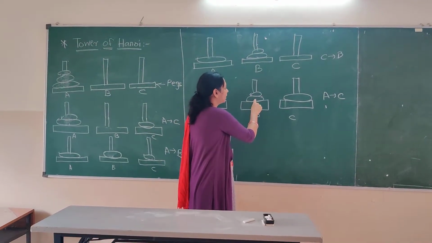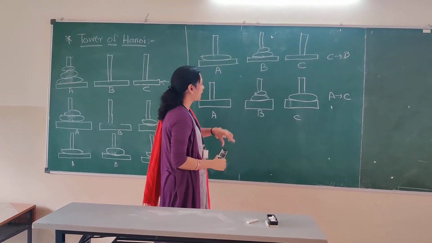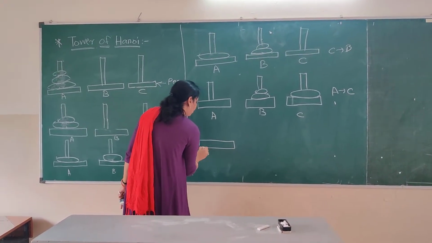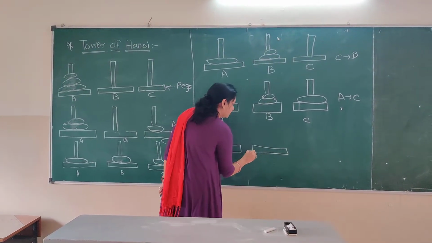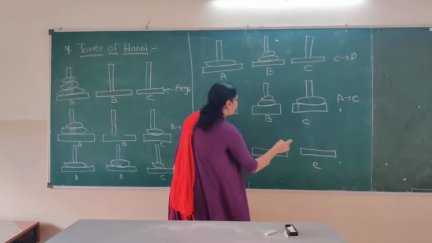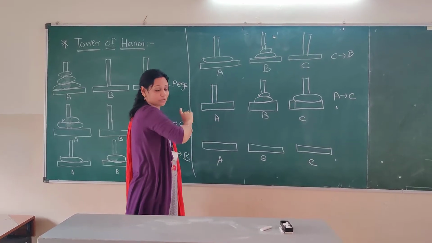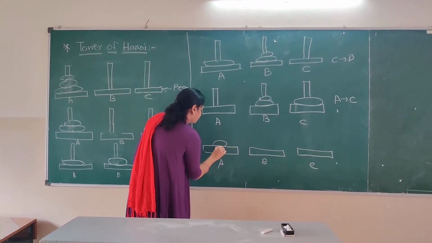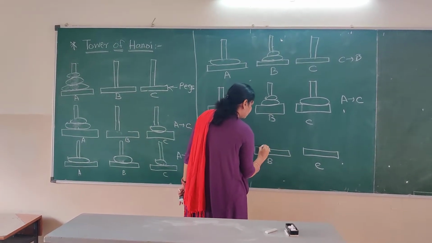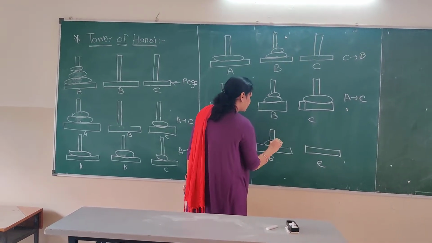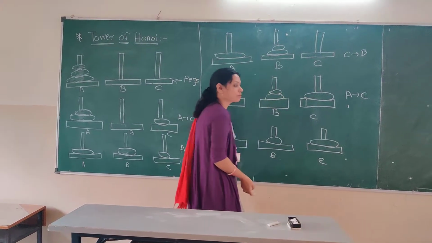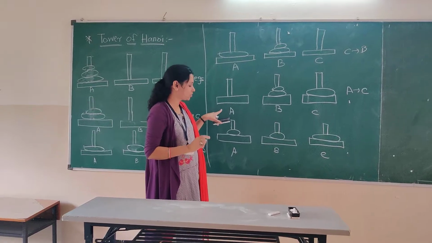So to move this middle from B to C, first I have to move the smaller disc to A. So here are my next moves that contain the three pegs, that is A, B, C. I am moving this smaller disc to A. Middle will be as it is, and larger will also be as it is. So what is our move? B to A.